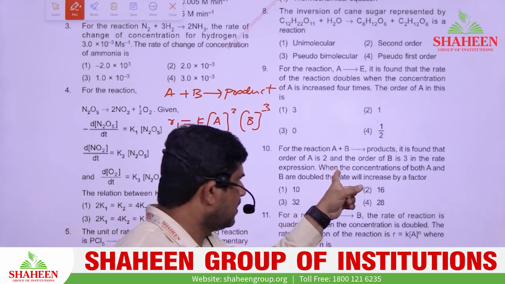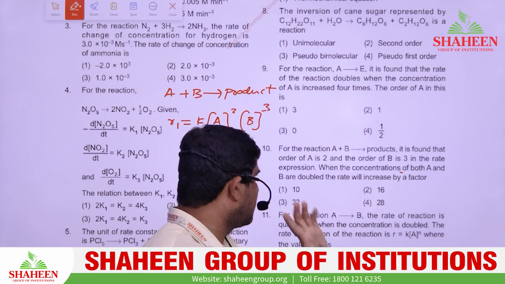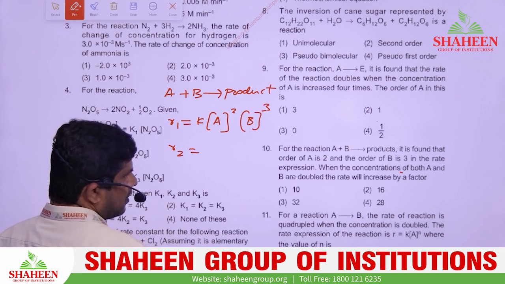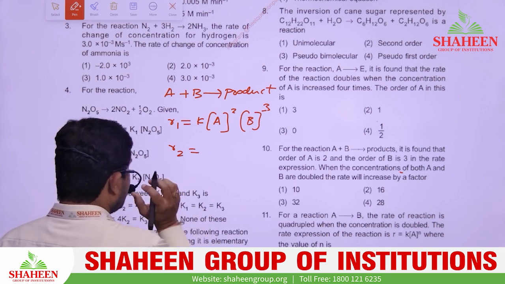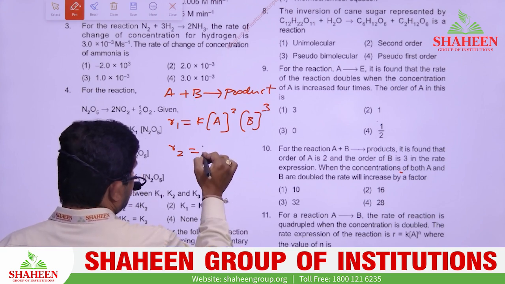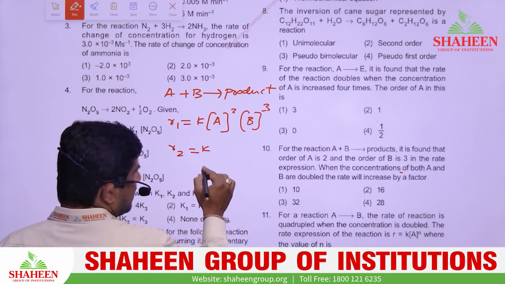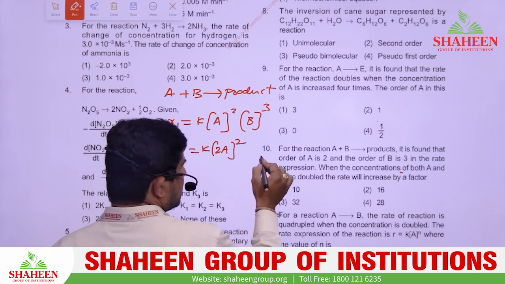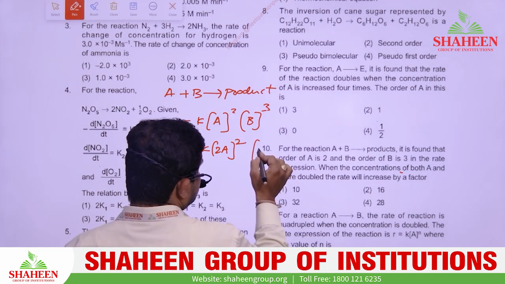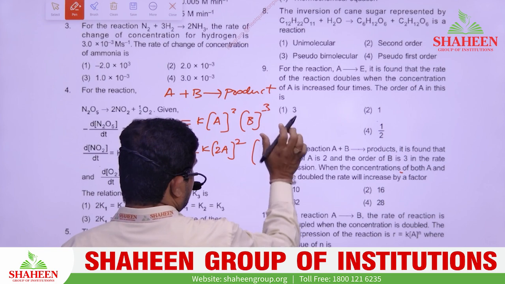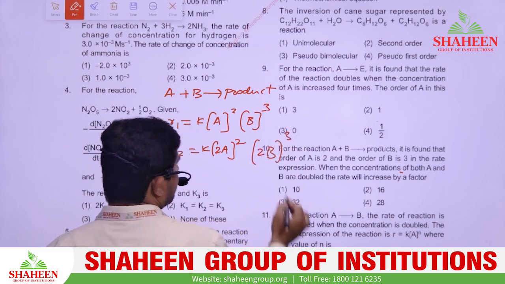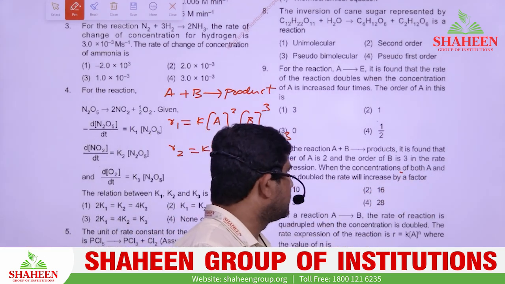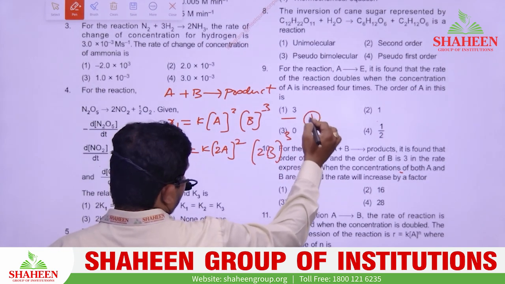Now when the concentration of both A and B is doubled, the rate increases by what? In that case R2 is equal to K (2A) square (2B) power 3, since A is doubled and B is also doubled. This is equation 1, this is equation 2.